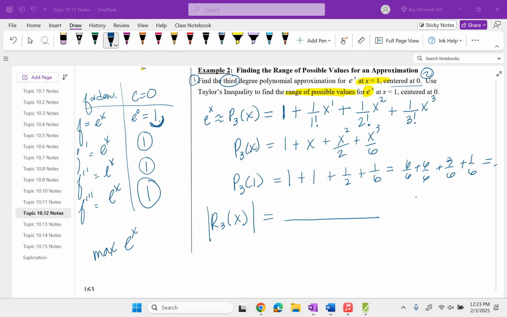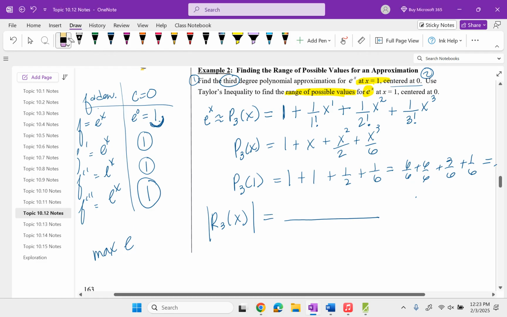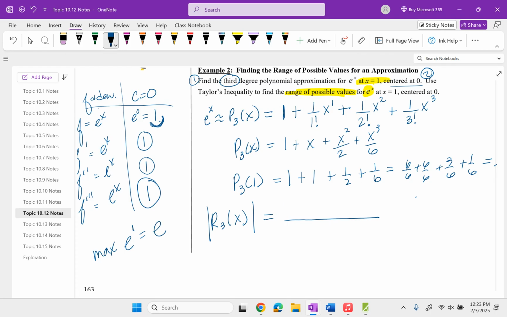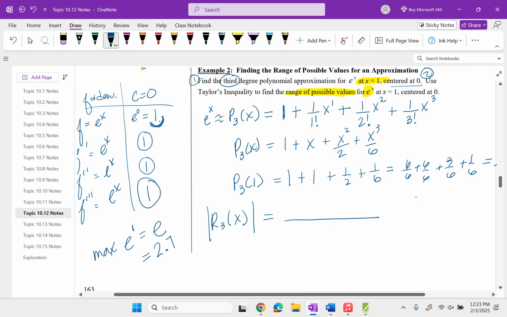So I really need the max for e to the first power, right? Or just e. What is e? Do we remember the number? It's 2.718. Okay, so something like that.